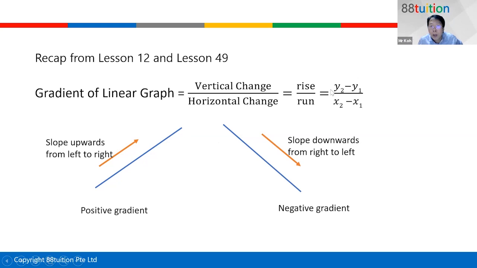That's the reason why I want you to remember this, finding the gradient: y2 minus y1 over x2 minus x1. Whereas for using rise and run, you have to make sure that you know whether it is a positive or negative gradient. But if you use the formula y2 minus y1 over x2 minus x1, it will automatically tell you whether it is a positive or a negative gradient.